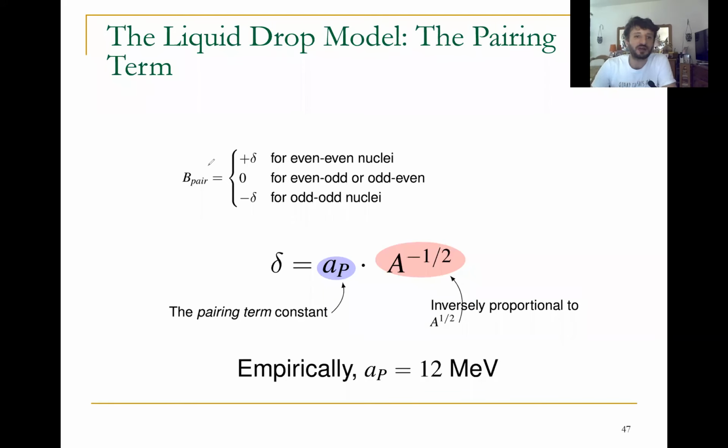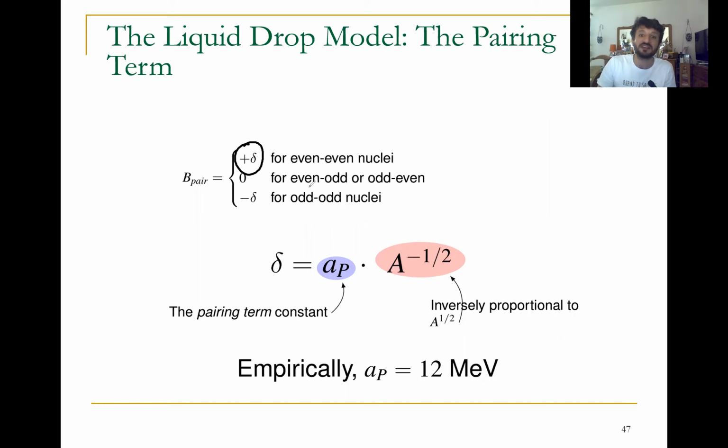The value of B pair is positive in the case of even nuclei, because the number of stable nuclei is big, so we contribute to increasing the binding energy.